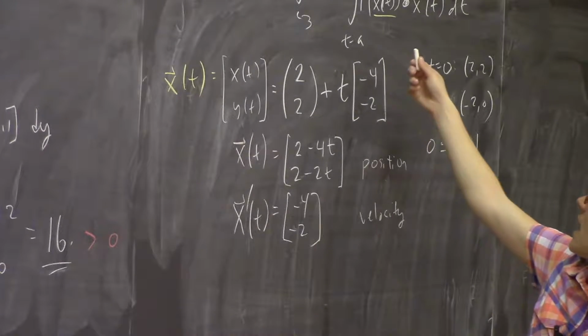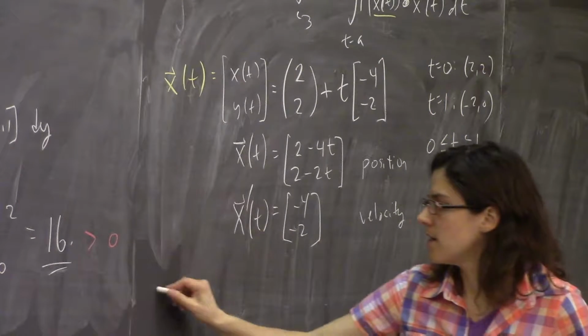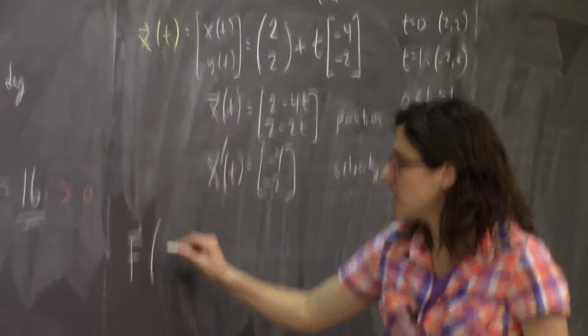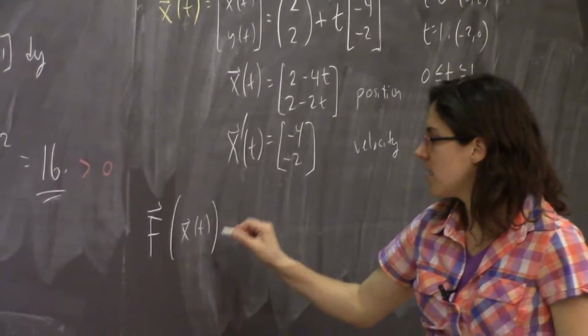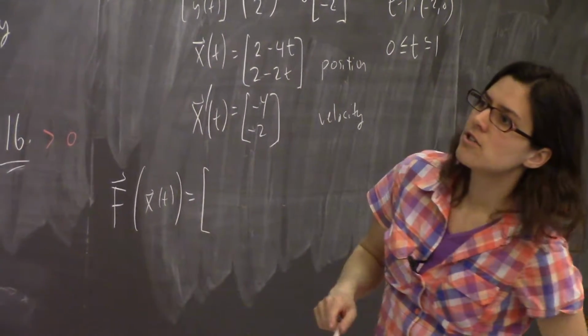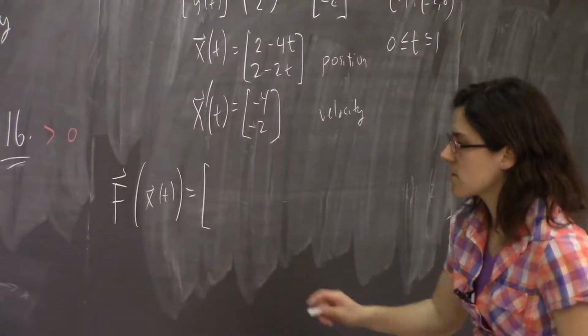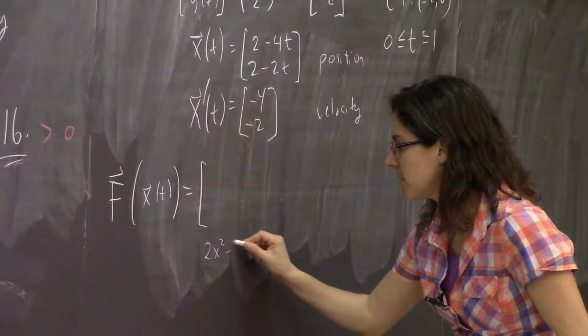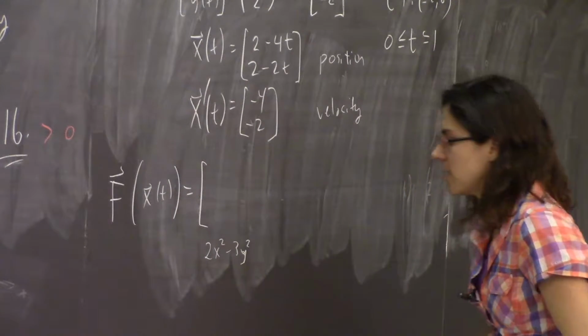We'll also need f of x of t. So what is f? f is 2x squared minus 3y squared, comma, 2x plus 3y squared. I'll write that down so I know where I'm going.